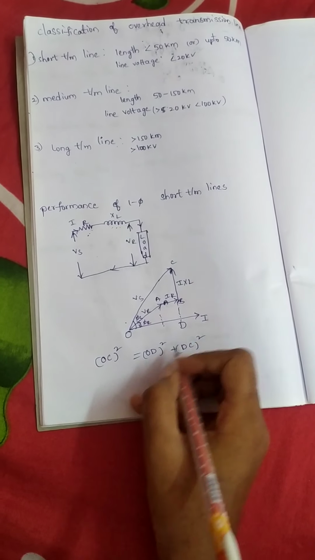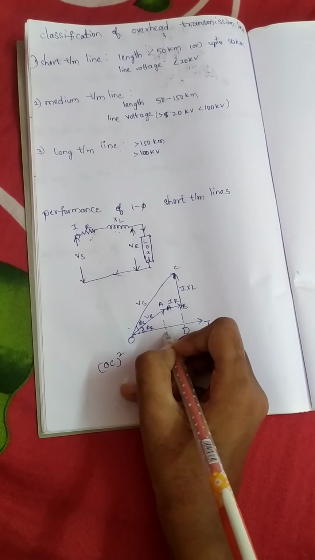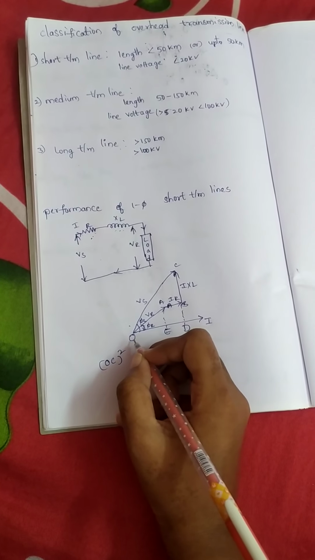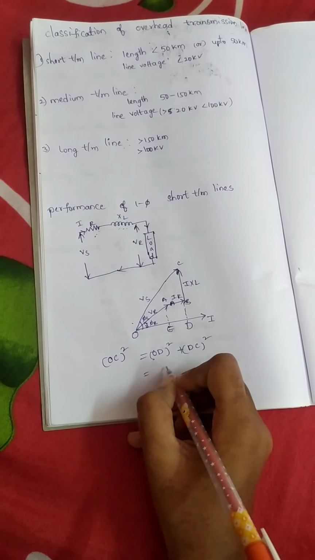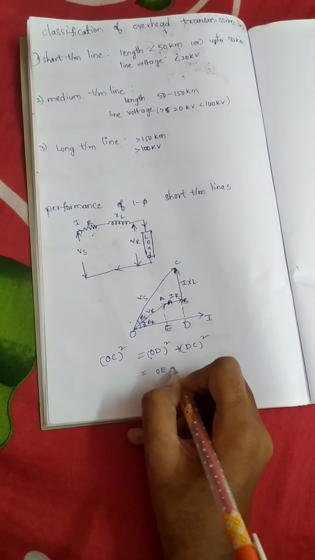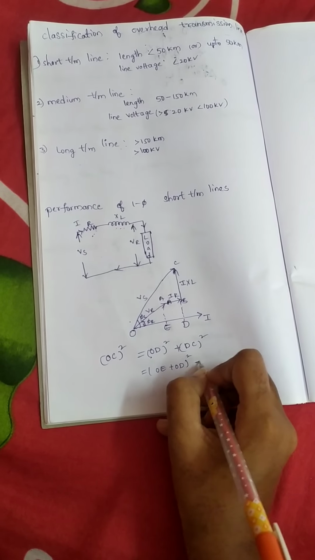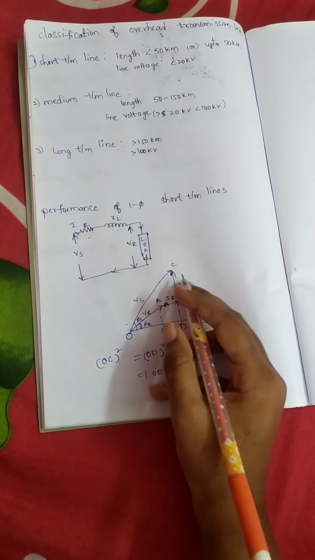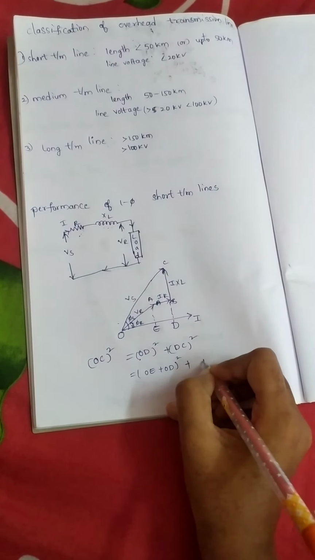So as we know, E is present here. So OD is equal to OE plus ED. So OD whole square, and DC will be represented as DB plus BC whole square.